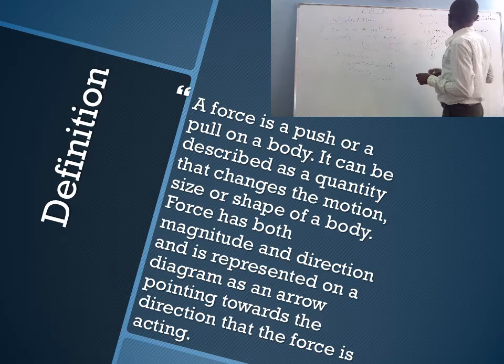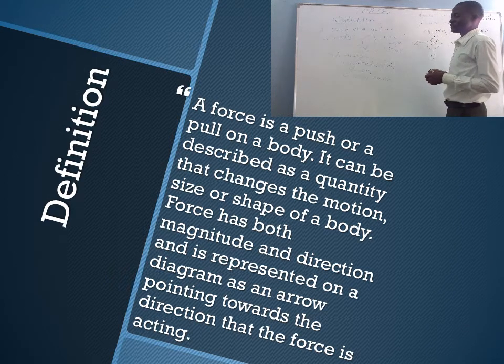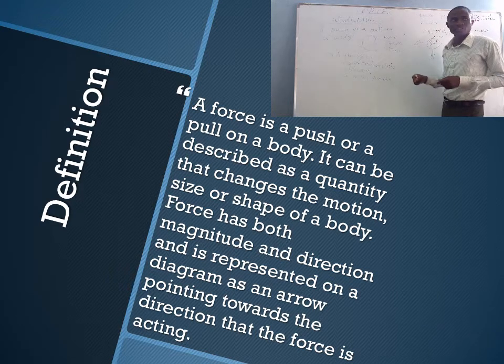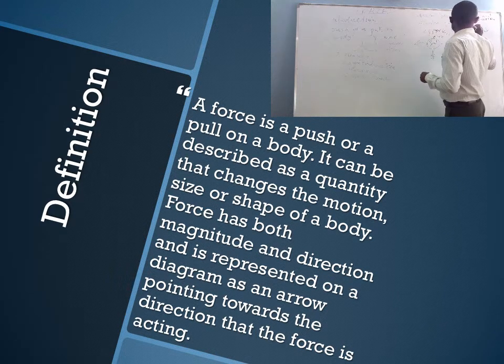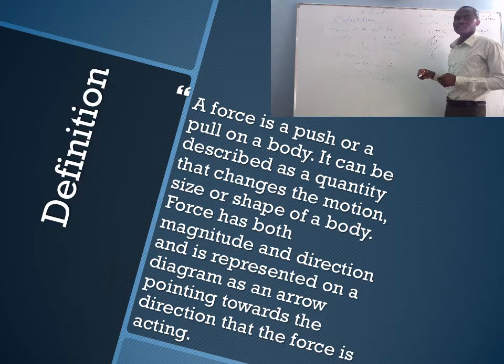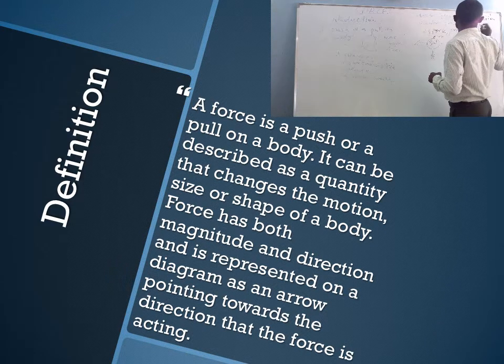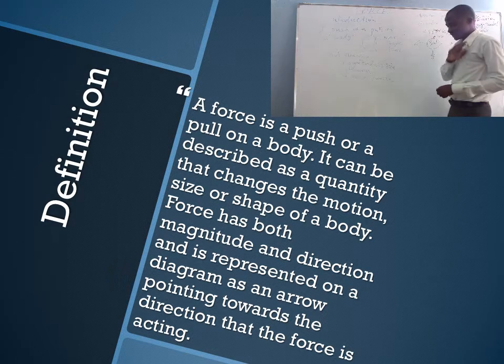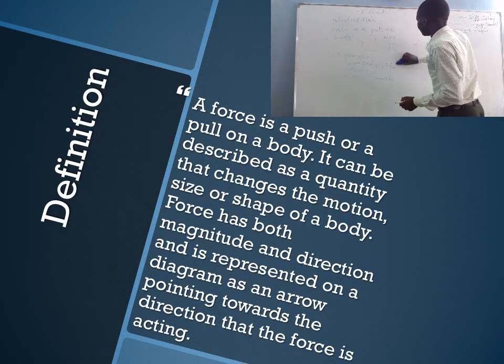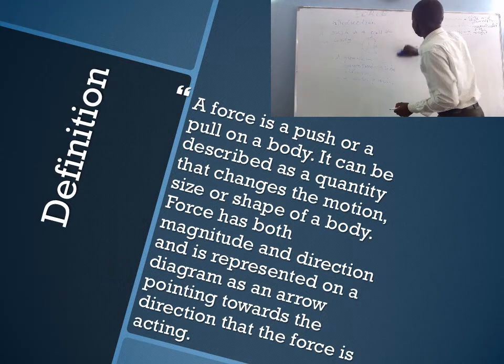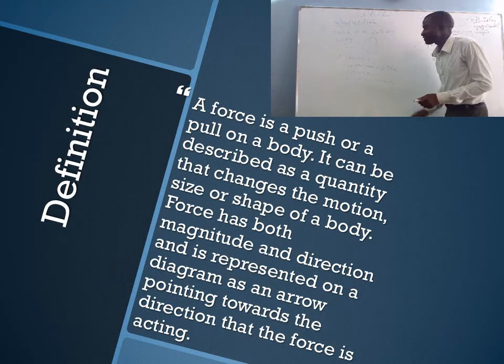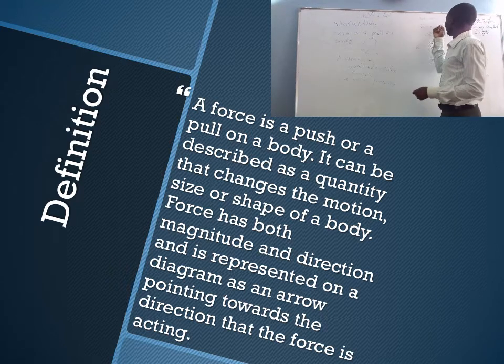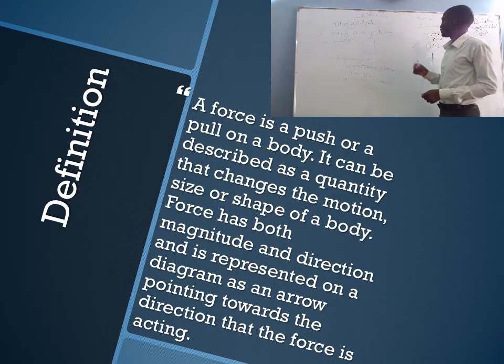The other classification of physical quantity that we discussed was scalar quantity. Scalar quantities are defined as physical quantities that have got magnitude or size only. So scalar quantities do not have direction, as opposed to vector quantities, which have both magnitude and direction.